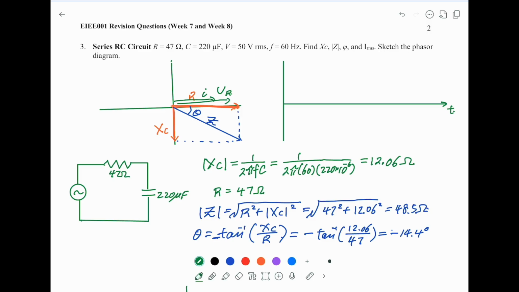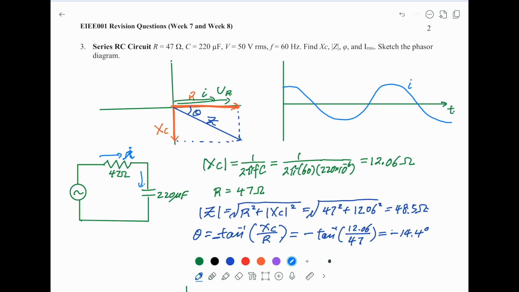If I plot the I here, they are cosine, so I put the cosine here. So this is I, the current, the same across the resistor, and also the same across the capacitor.